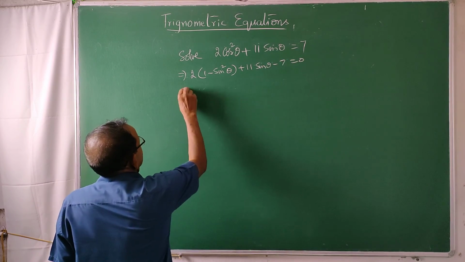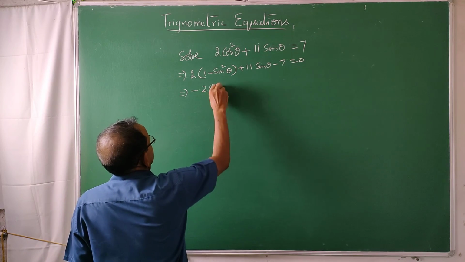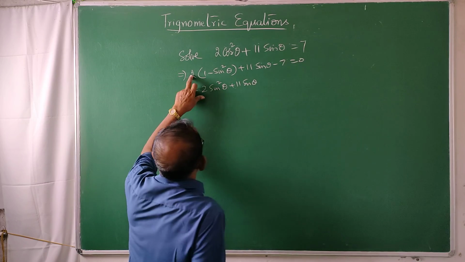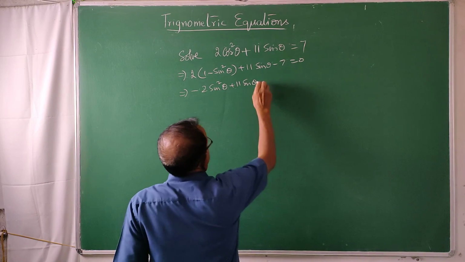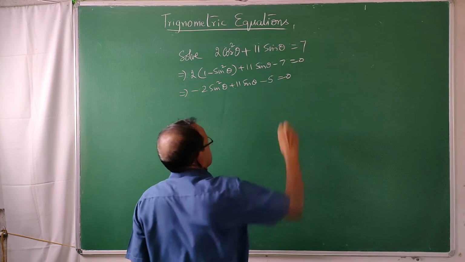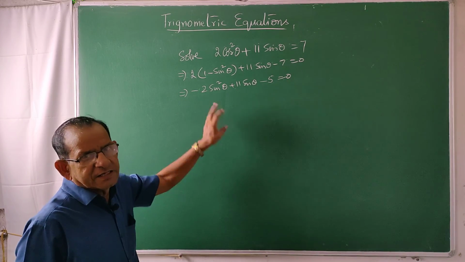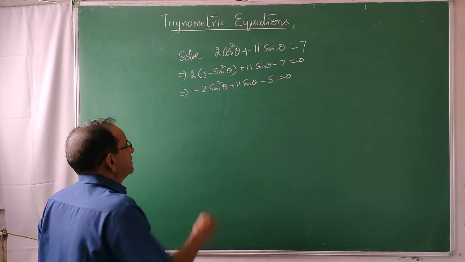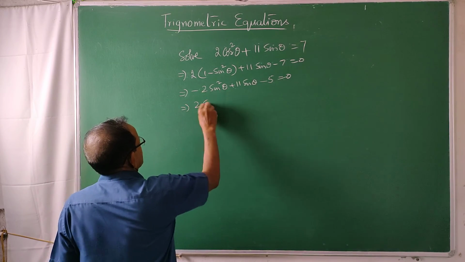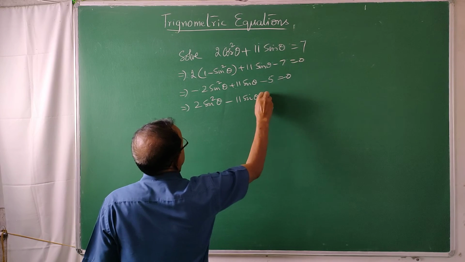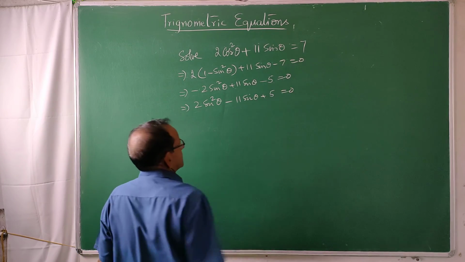This is minus 2 sin square theta plus 11 sin theta, 2 minus 7, that is minus 5, is equal to 0. To avoid minus sign in the beginning, let us multiply both sides by minus 1. That implies 2 sin square theta minus 11 sin theta plus 5 equal to 0.